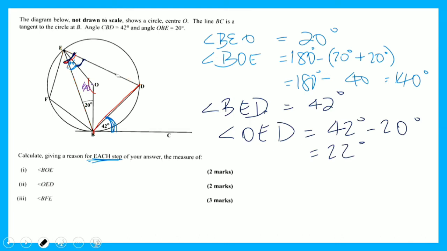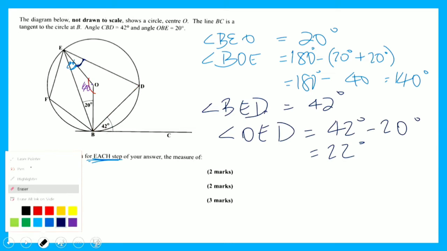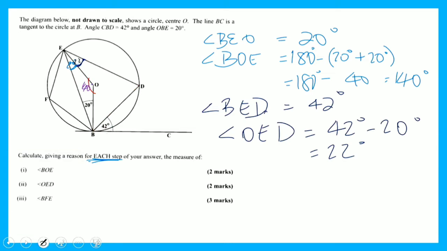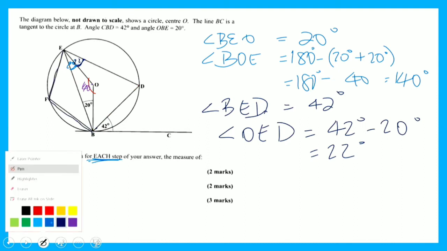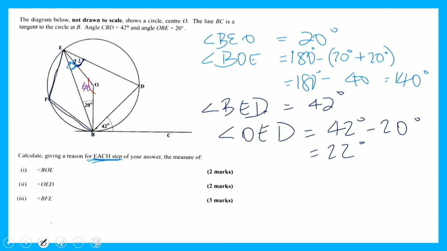And finally, what is angle BFE? Angle BFE, let me clean this up a bit. 22. BFE. Remember our earlier conversation where we said if we know how to find 140 here, we know how to find that angle BDE right there, right?